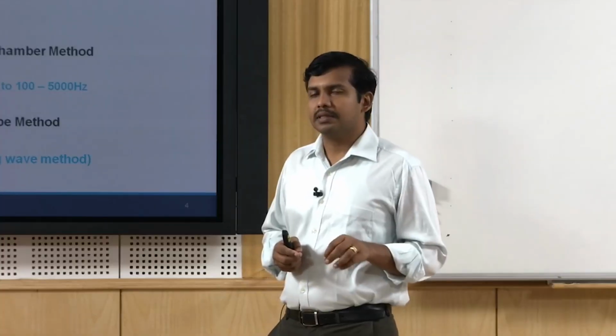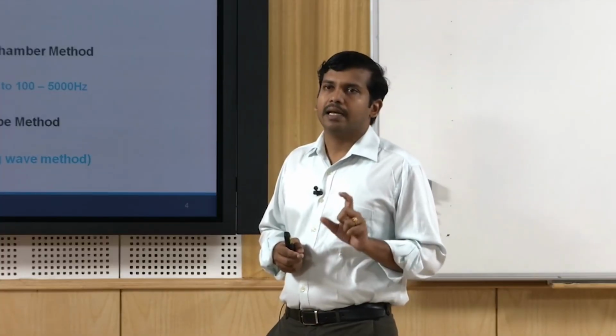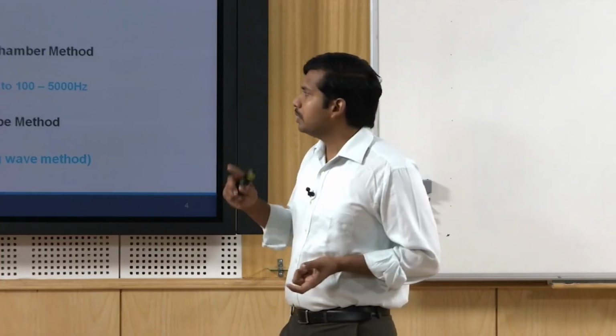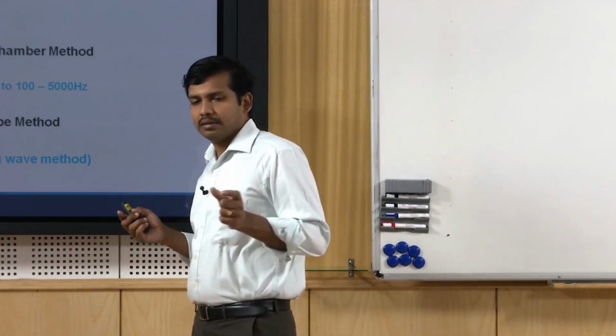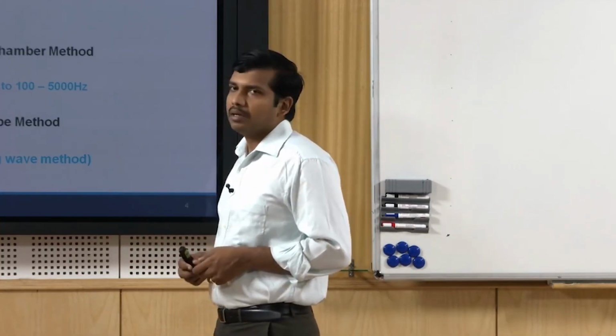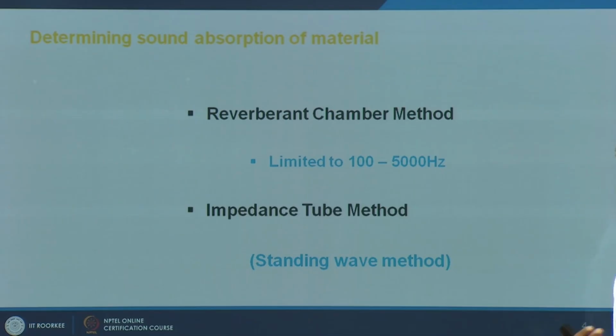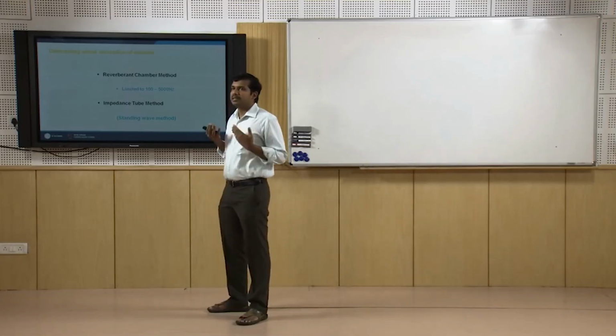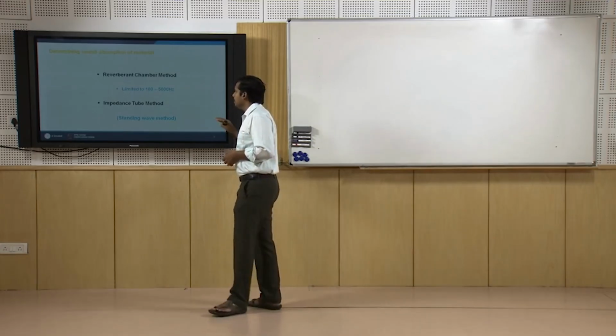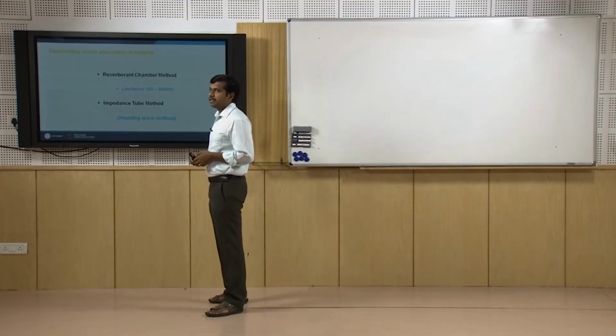When the material is present, there is a second T dash or the second reverberation time. With this you can find out what is the absorption coefficient of this particular material. This method of testing is more efficient for frequencies between 100 to 5000 hertz, and there are a lot of other considerations like mounting, on what surface you are mounting, edge diffraction, lot of other things coming. We are not looking into those specifications right now.